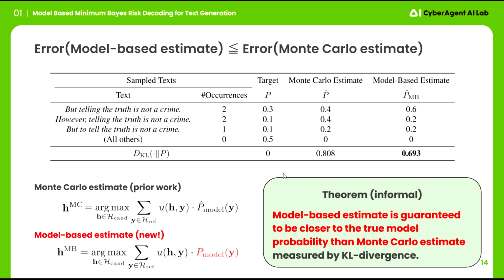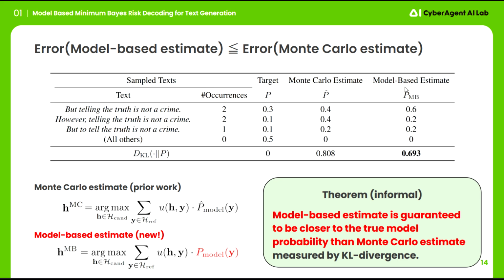We can actually prove that for any sample texts, the model-based estimate is guaranteed to be closer to the true model probability than the Monte Carlo estimate, measured by KL divergence. So that means the model-based estimate is a better estimator.